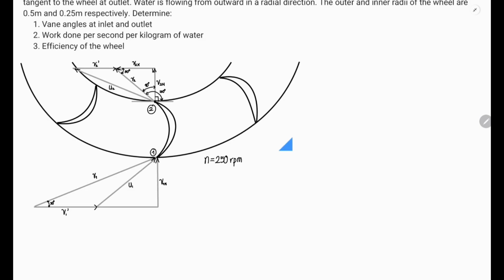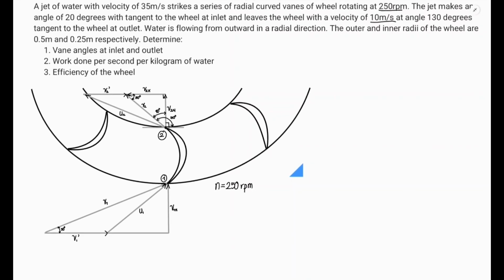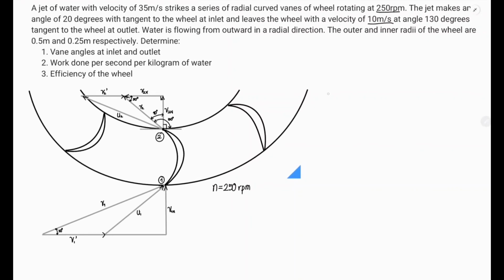Now let's try to list all our given and the unknowns. So V1, that is 35 meters per second. N is 250 rpm.